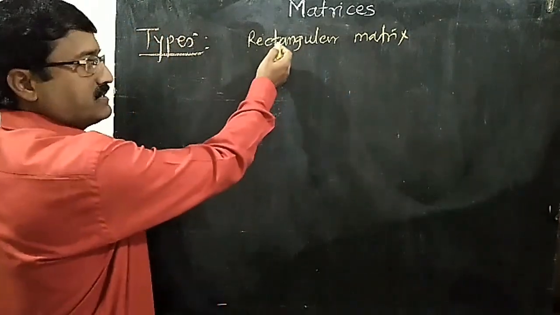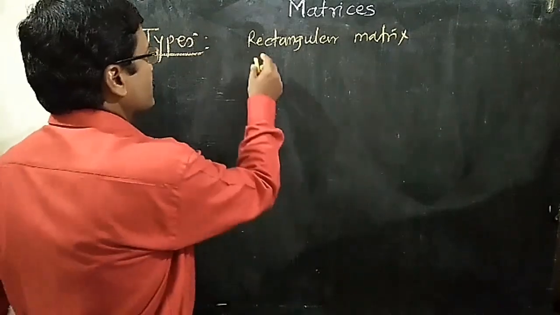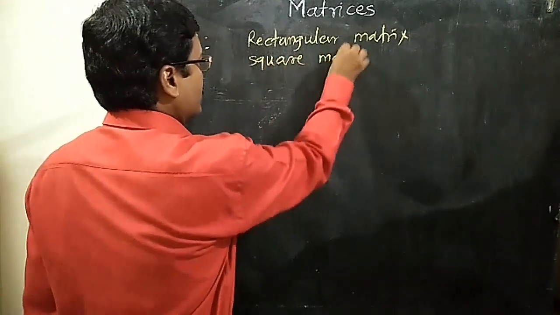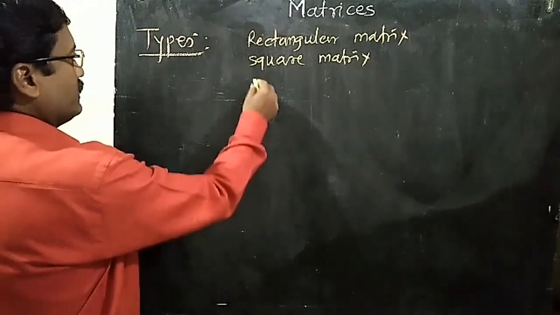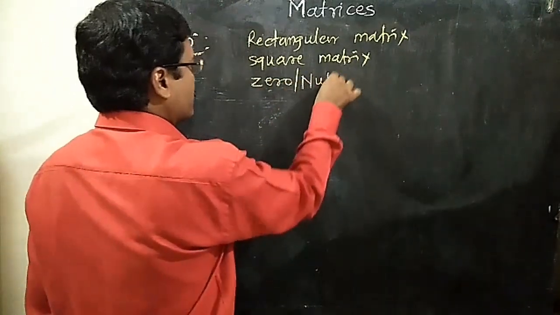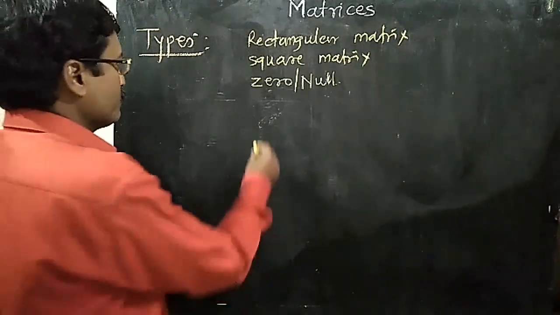Rectangular matrix means a matrix which has different number of rows and columns. Then square matrix, a matrix having equal number of rows and columns. Then zero matrix or null matrix means a matrix which contains all elements as 0.